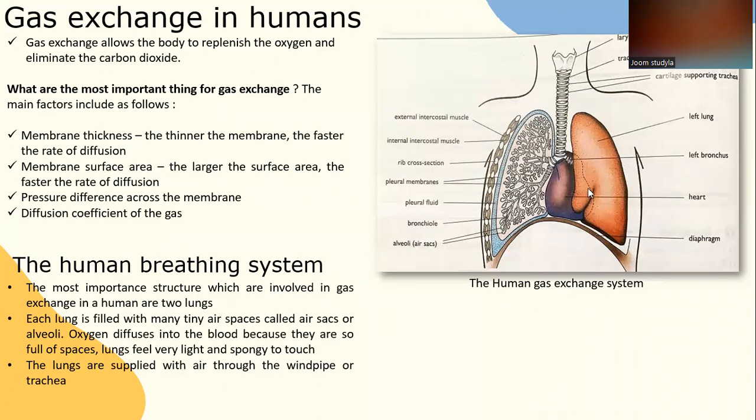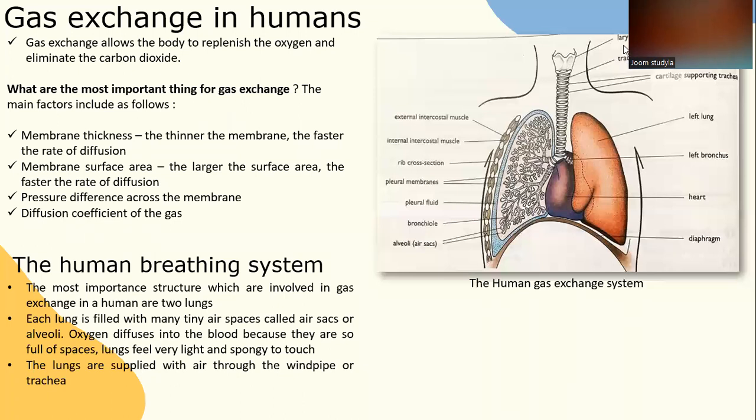As you can see, this is a diagram of the human gas exchange system. We have the left lung and right lung. This is the left bronchus, and we have bronchioles and alveoli. Then the external intercostal muscle, internal intercostal muscle, diaphragm, and in the middle is the heart.